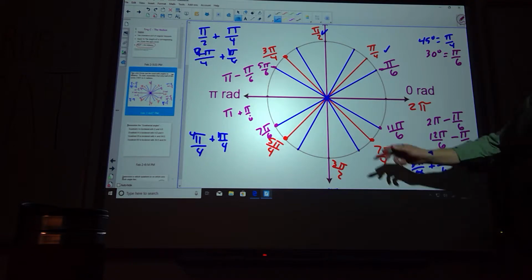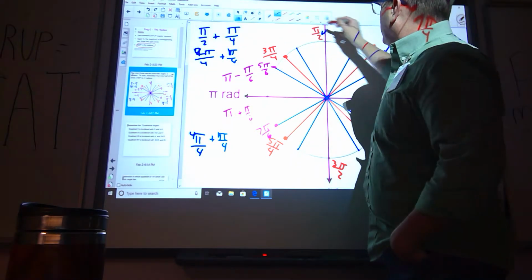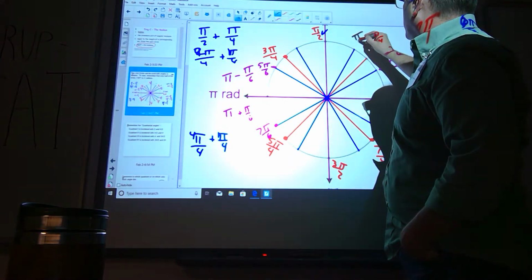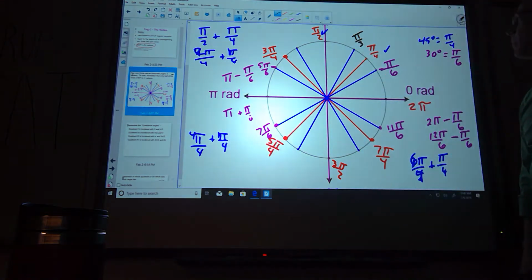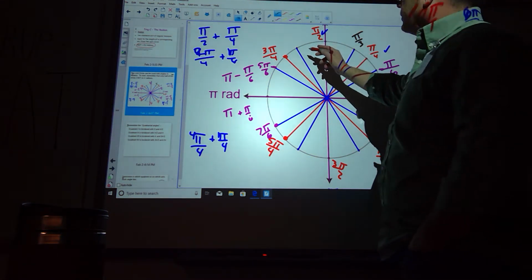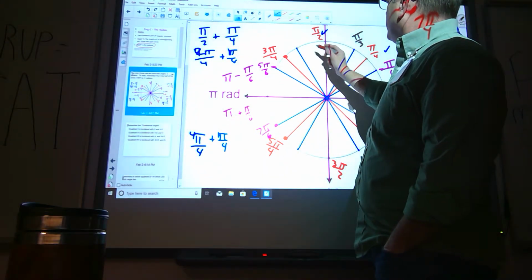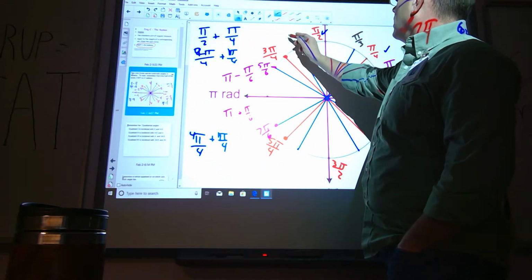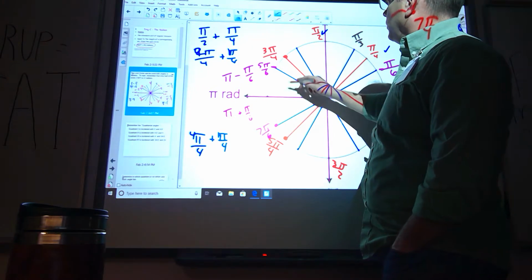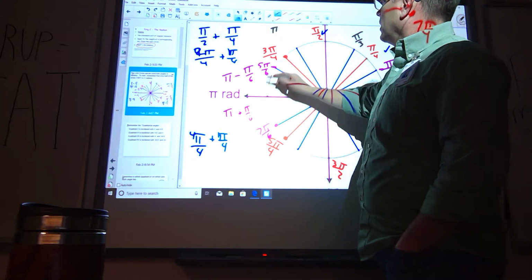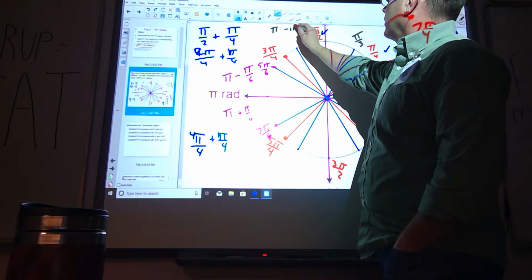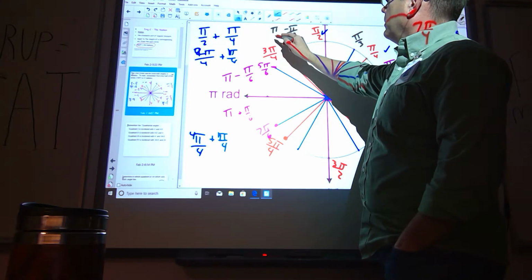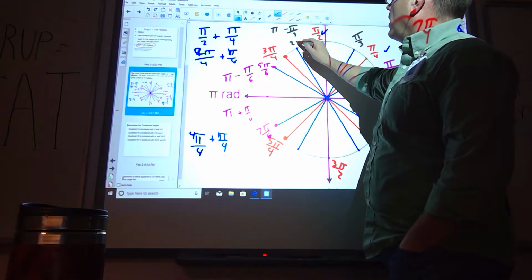And then I have a 60-degree angle is my last one I want to deal with. The 60 degree is going to be pi over 3. And so if I were to add pi over, or no, I can't do that. If I were to go pi from here and back up 60 degrees minus pi over 3, that's 3 over 3 pi. So that's 2 pi over 3.